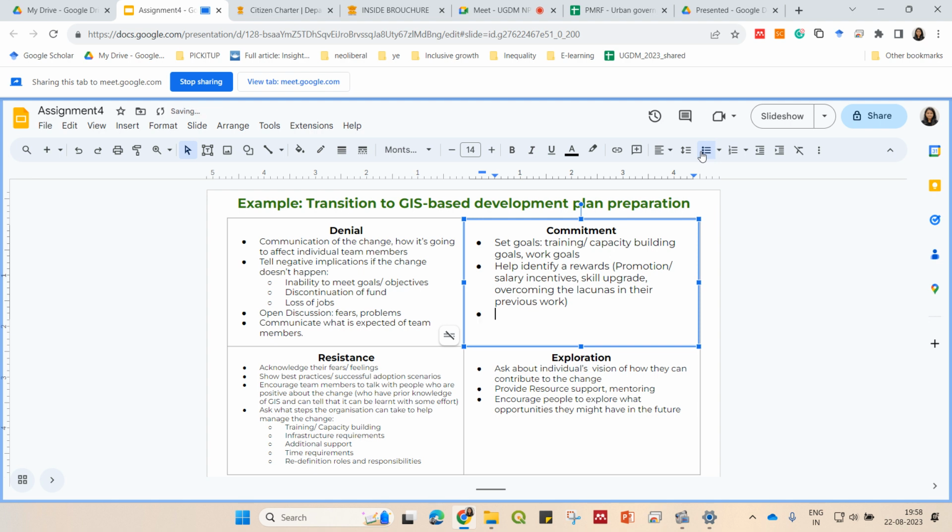Another thing you can do is that you can ask them about the long-term opportunities for both themselves and the organization.